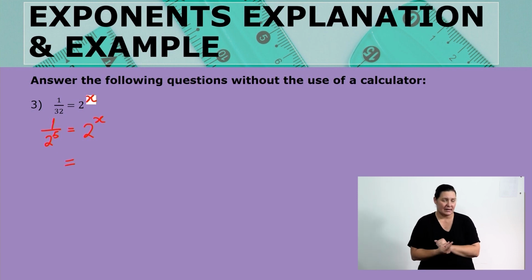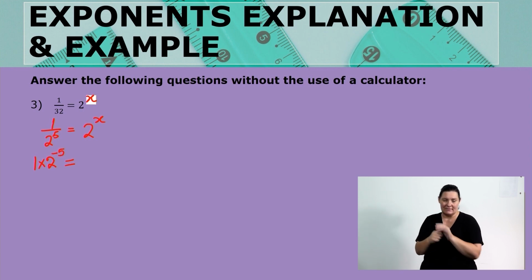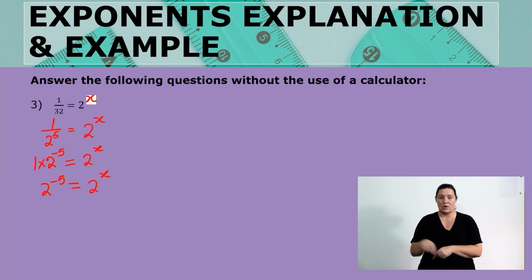Remember, it will multiply with the number that is there, and the exponent will become negative. So we now have 2 to the exponent negative 5 is equal to 2 to the exponent x. Can you see what's happening there? They have the same base, which means that the exponents are also equal.